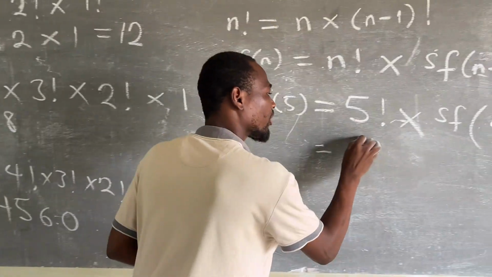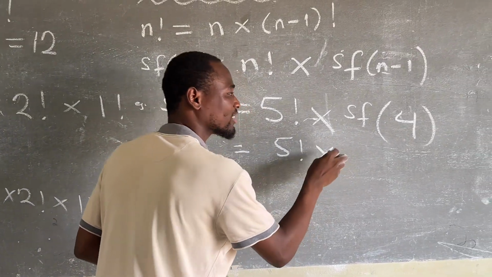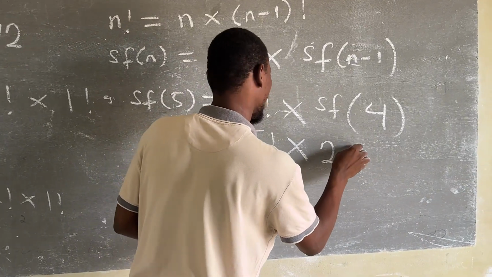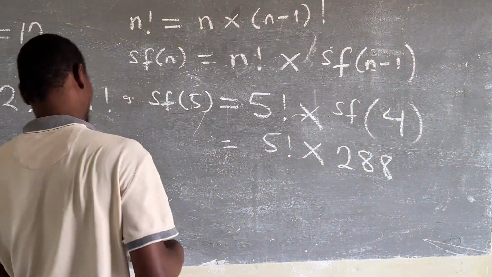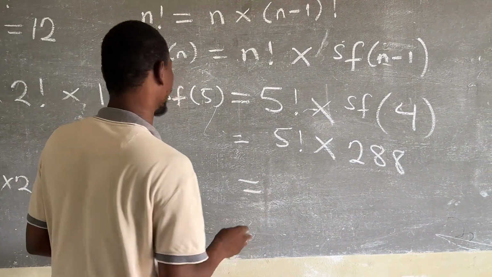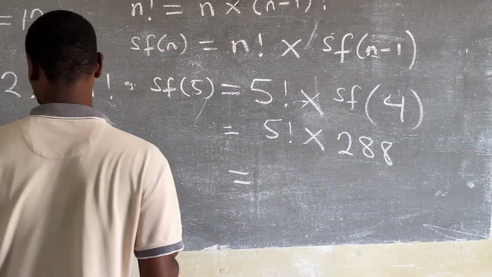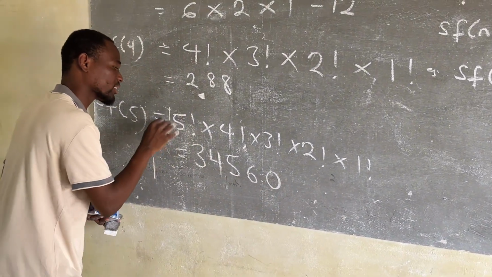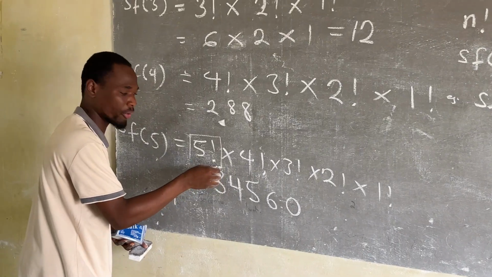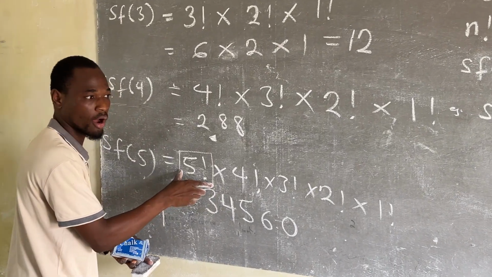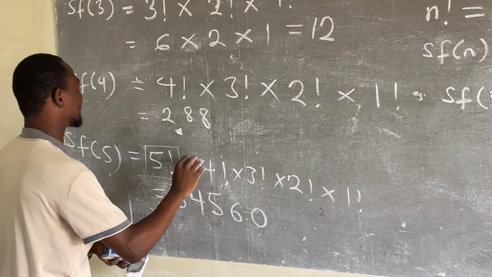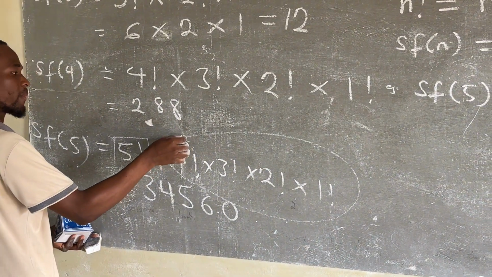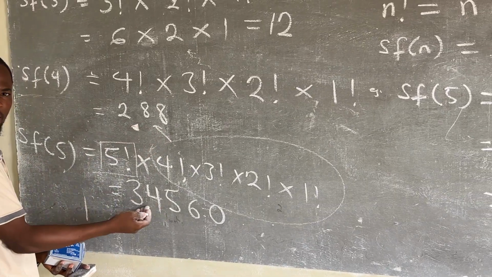So I'll be having 5 factorial, then times the superfactorial of 4, which is equal to 288. And with the help of the calculator, look here: this is 5 factorial, then times this, times this, times this, and this is the same as the 288. Have you seen the trick?